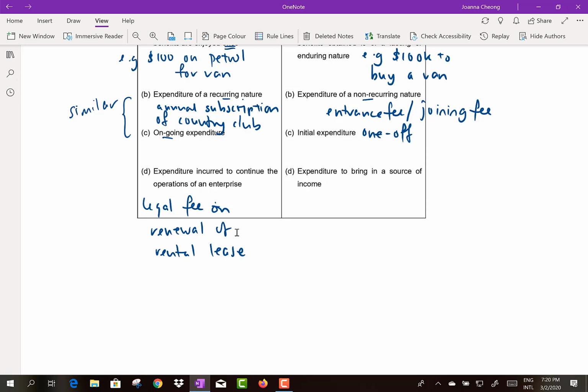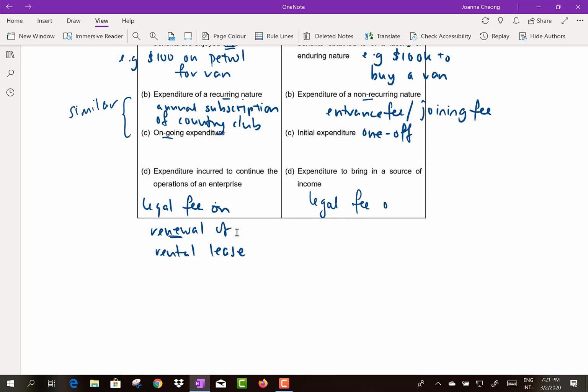It is expenditure incurred to continue operation. We have to pay money to continue running operations, so it will be considered revenue in nature. However, if it is a legal fee on a new lease, maybe we want to get a new place we have not been to before, the legal fee on a new lease will be capital in nature.